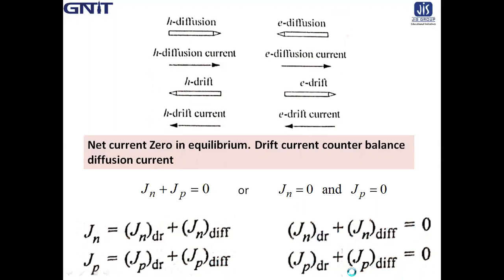In unbiased condition, the current flows due to drift and diffusion both, and the diffusion current for electron and hole counterbalances the drift current due to electron and hole drift. So their net current is 0 under equilibrium condition.